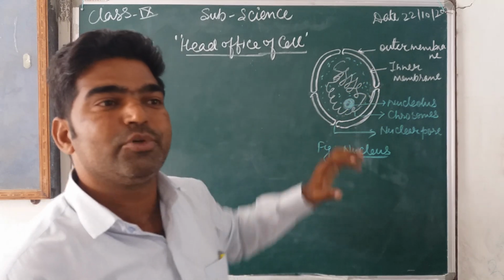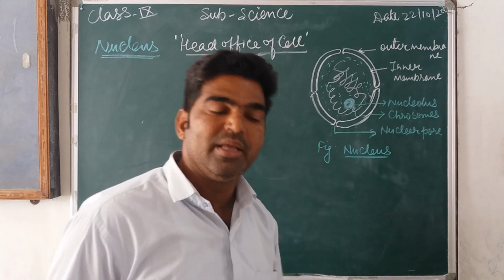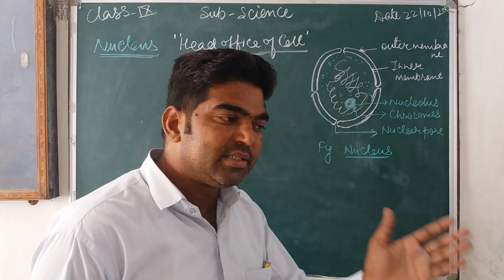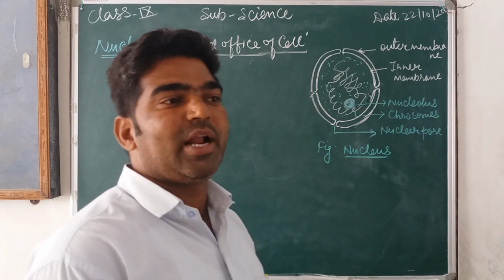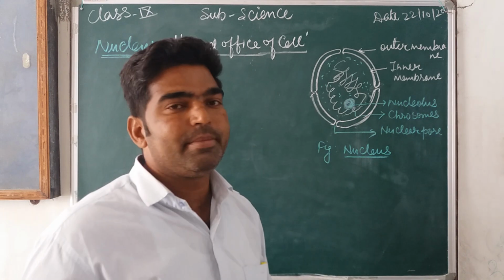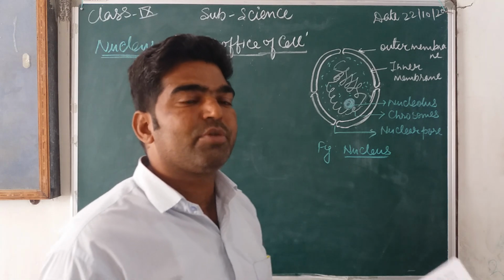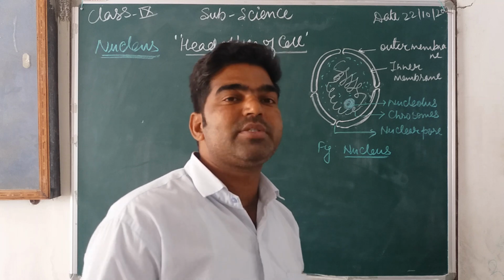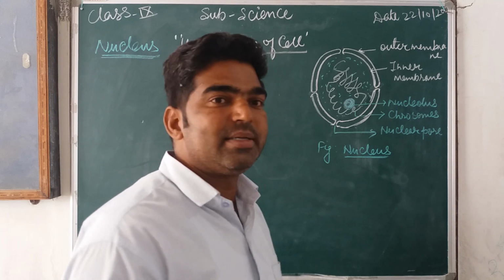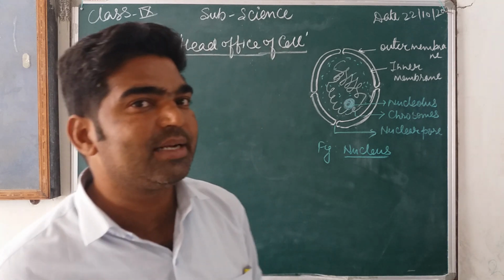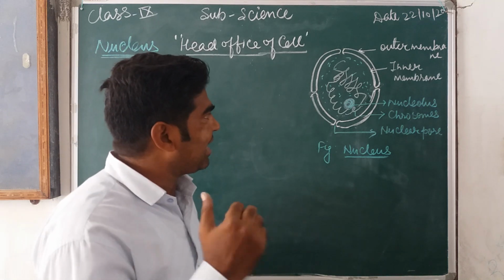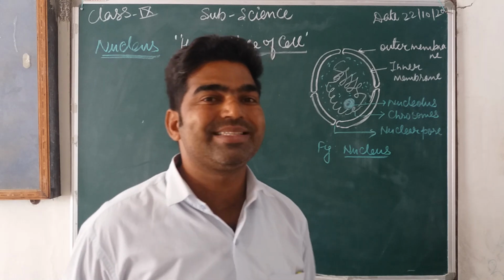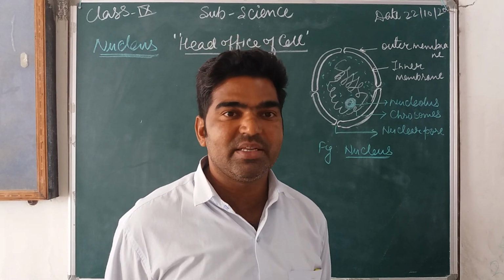It has a central position in the animal cell, but the position of the nucleus in the plant cell is towards the periphery side, or along the cell membrane. And why is that? Because of the prominent or large shape of vacuoles. The vacuoles present in the plant cell are of a large size, and due to that, they move the nucleus towards the periphery side.